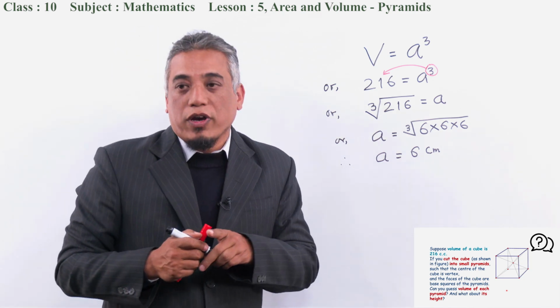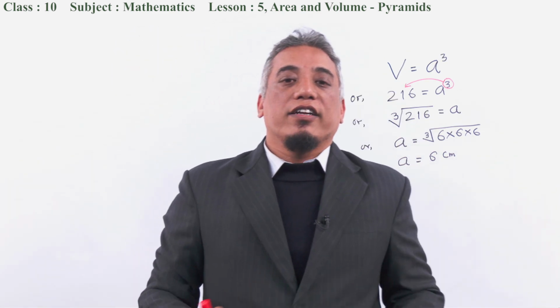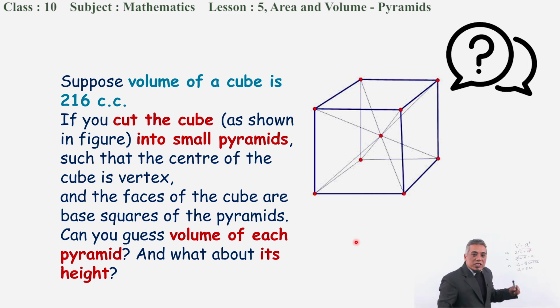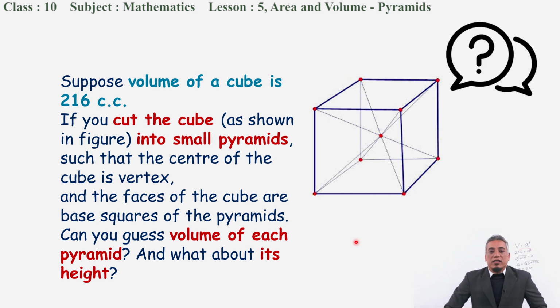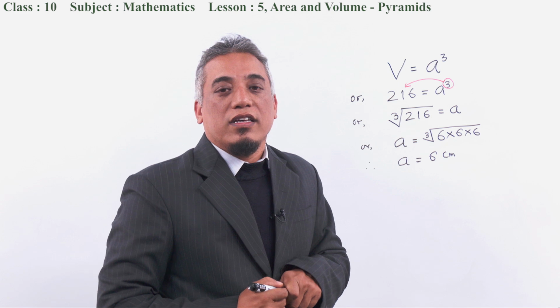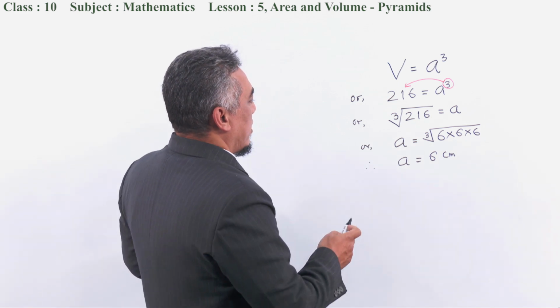And now you can guess the height of the small pyramids. Yes, correct. It must now be half of this height because that pyramid has its vertex at the center of the cube. That pyramid must have its height half of 6, that means 3 centimeters.